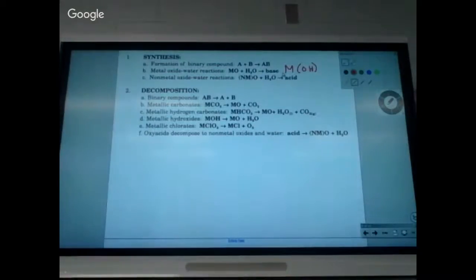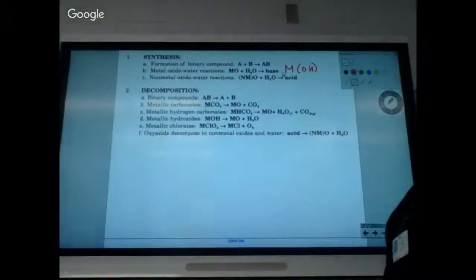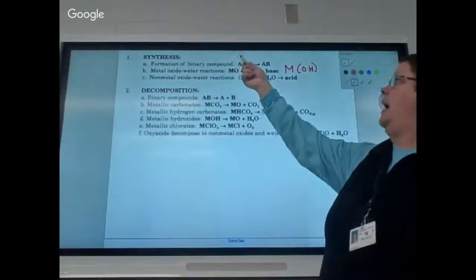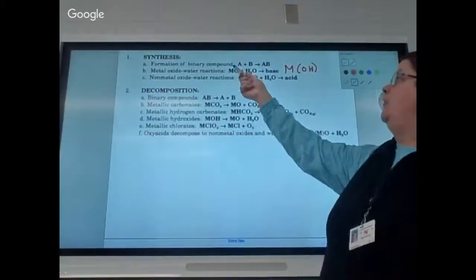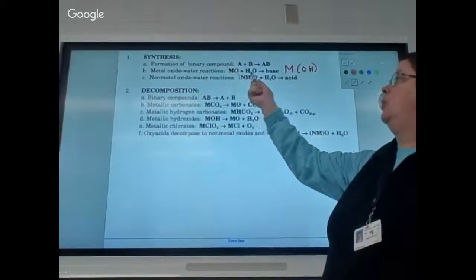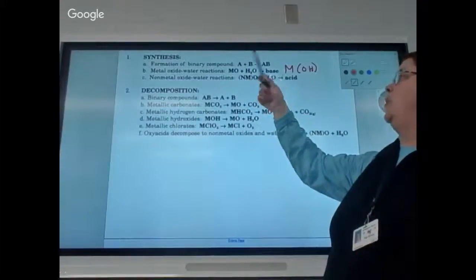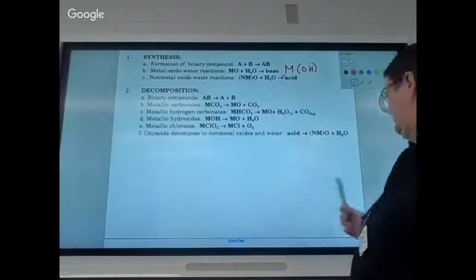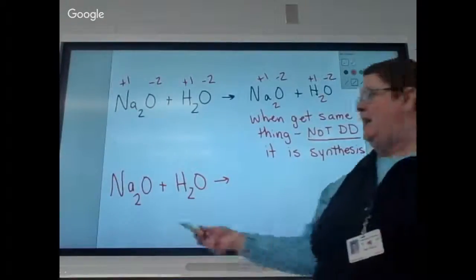Okay? So, in the one that we're doing currently, we have two reactions to pick from. It's clearly not an A plus B. We have either MO plus water, or we have NMO plus water. Do we have a metal oxide plus water, or do we have a non-metal oxide plus water? What is Na?